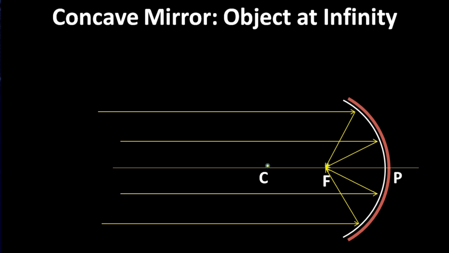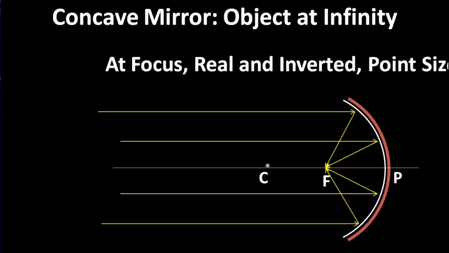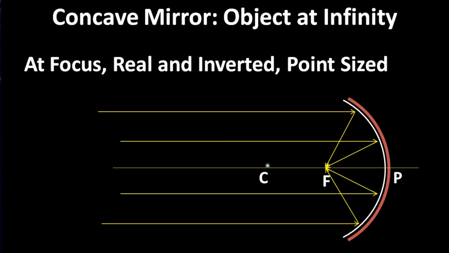Hence, all the reflected rays meet at the focus, and we get an image at the focus. This image is real and inverted and is extremely small sized or point sized.